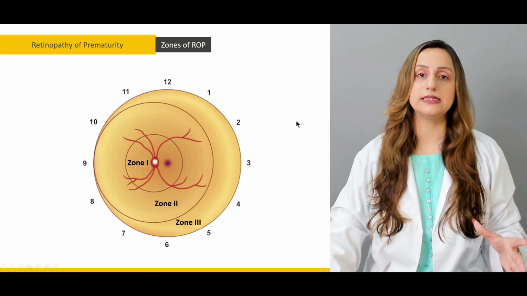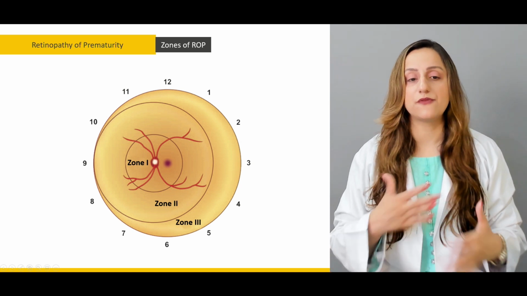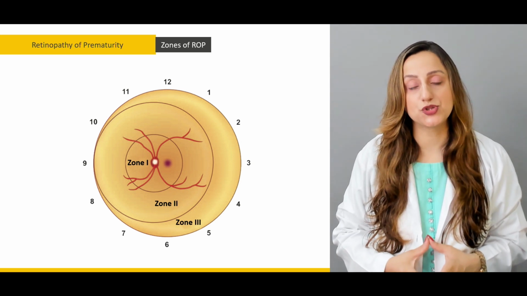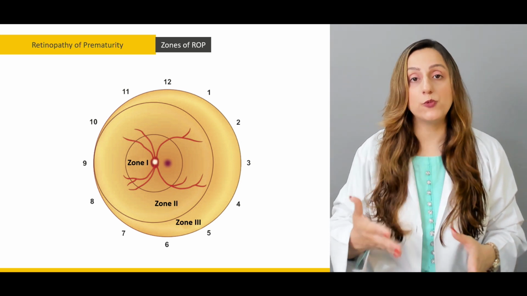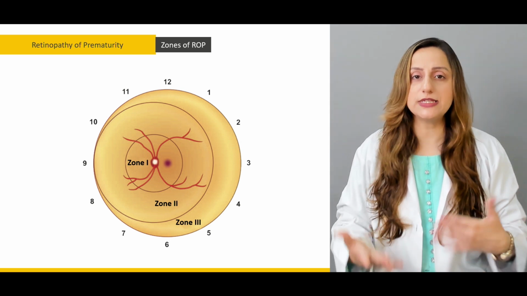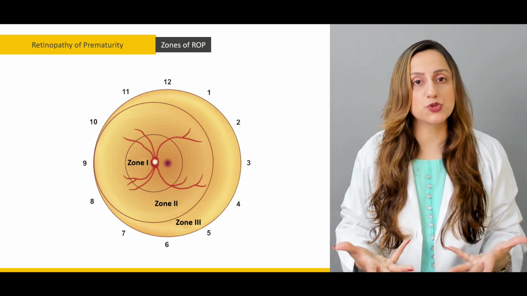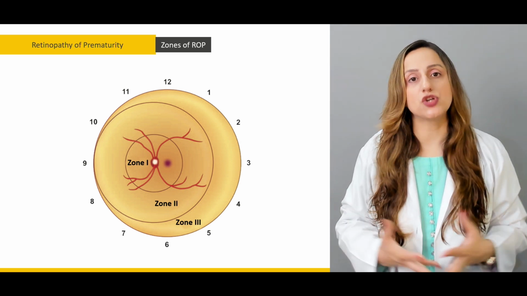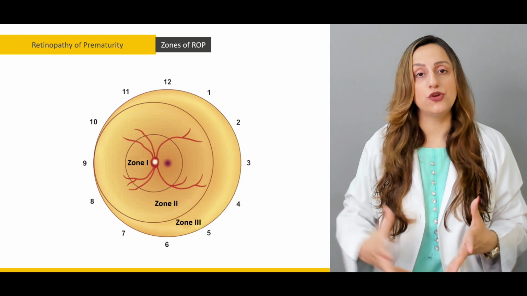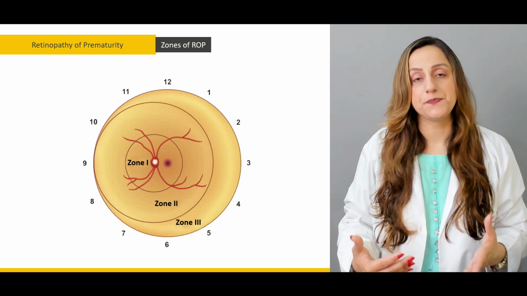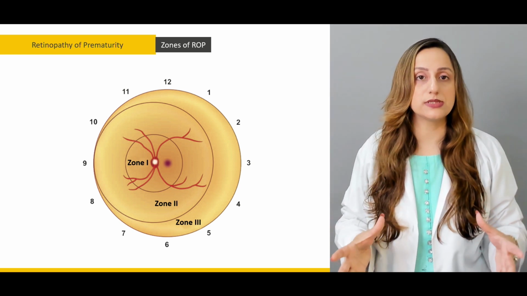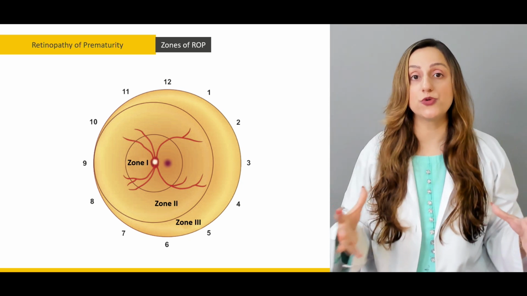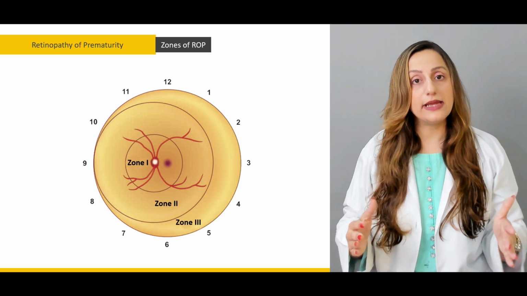Why do we divide the retina into zones whenever we are categorizing the retinopathy of prematurity? It would affect the visual acuity of the infant. Obviously, when we are assessing the visual acuity of an infant, we cannot use the Snellen chart. We have to relate to the visual acuity by these zones. We just say whether the macula is involved or not, whether the central vision would be affected in the child or not.